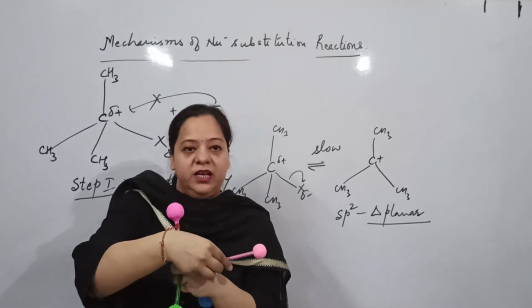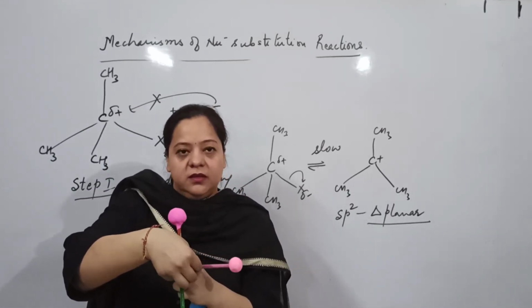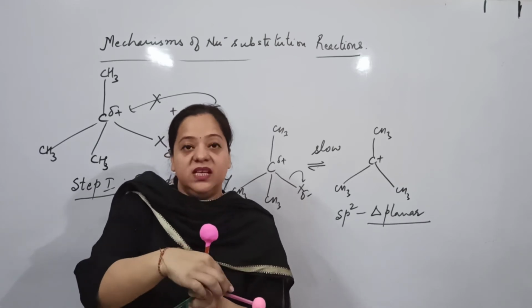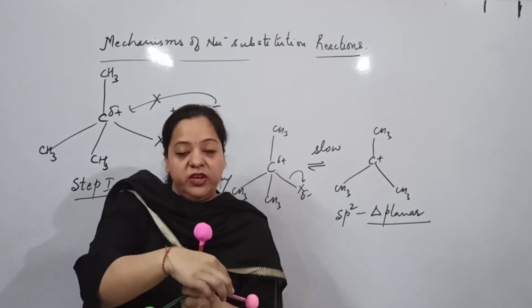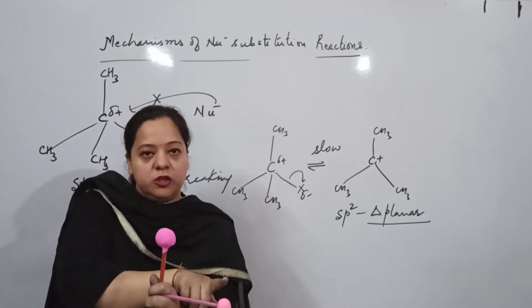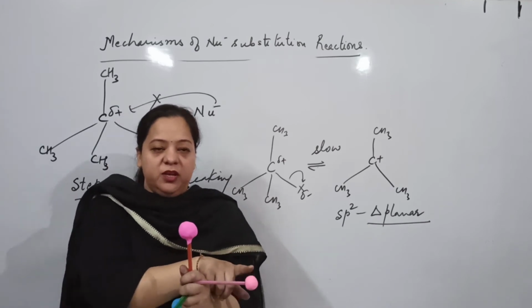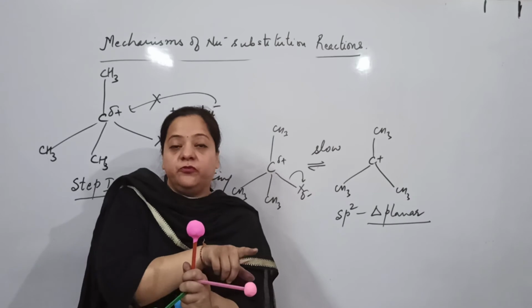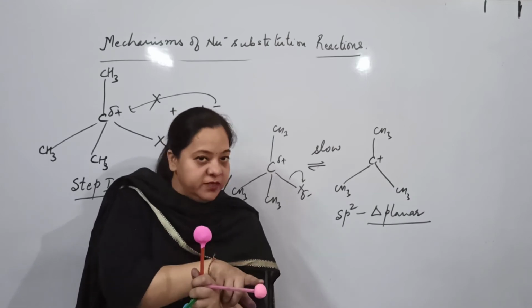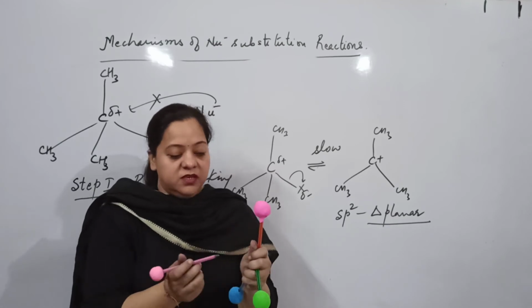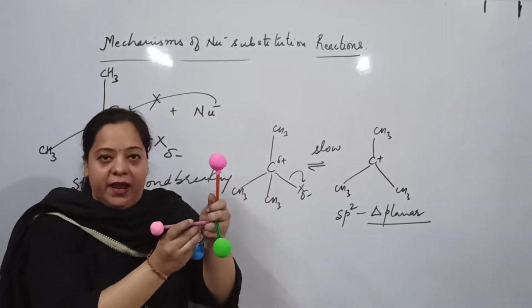If there is frontal attack, then the incoming nucleophile will occupy the same position which was occupied by the leaving group. As the leaving group was on this side, the incoming nucleophile also occupies the position on this side if it is a frontal attack with 50% probability. And at the same time there is 50% probability for the rear attack.